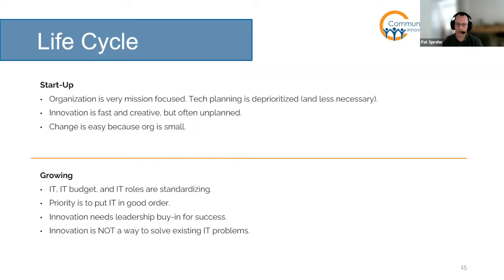One thing to note here is that innovation is not a good way to fix problems. So we had a question about, how do you decide whether you should move to a new software in order to help improve what you're doing at work? So, for example, avoiding redundancy.